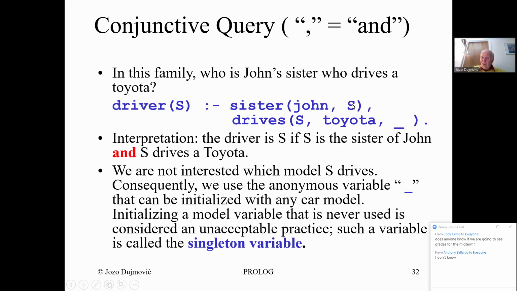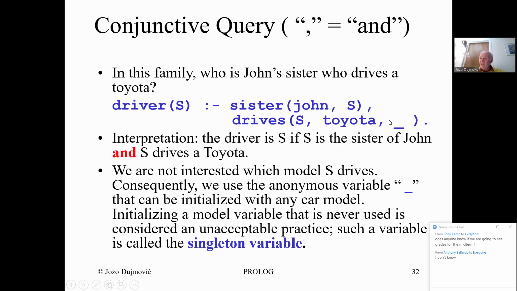And then when we instantiate this sister, we go to satisfy drives this sister Toyota something. What is S? S is an instantiated variable. What is Toyota? This is a symbolic constant. So this is not a variable.